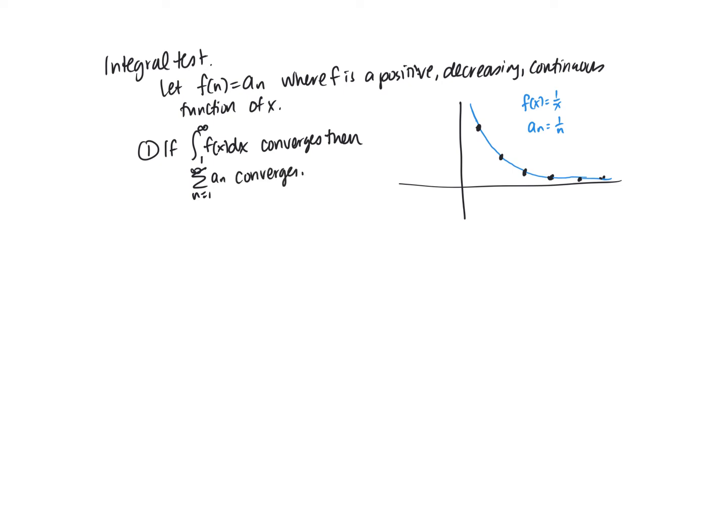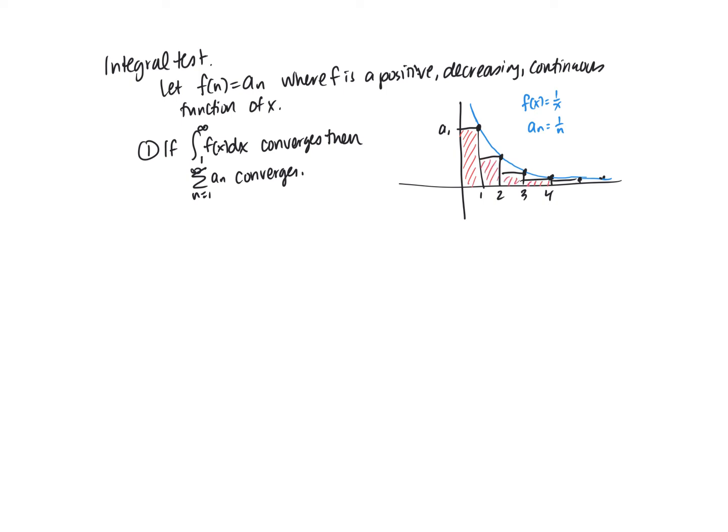Well, these two things are going to be related to one another. If I think about this sum of the a(n)s, this height is a1, this height is a2, a3, a4, and so on. Each of the widths of these rectangles is 1.